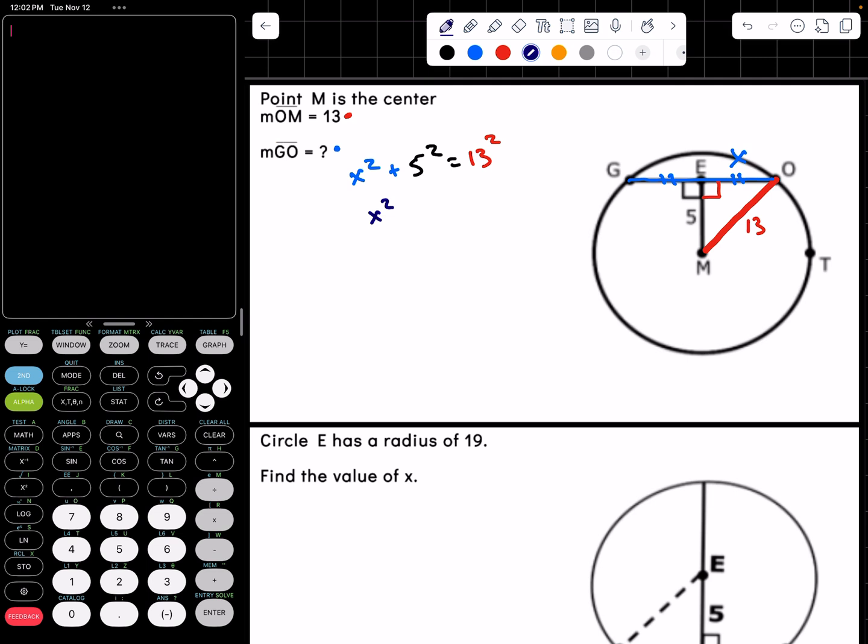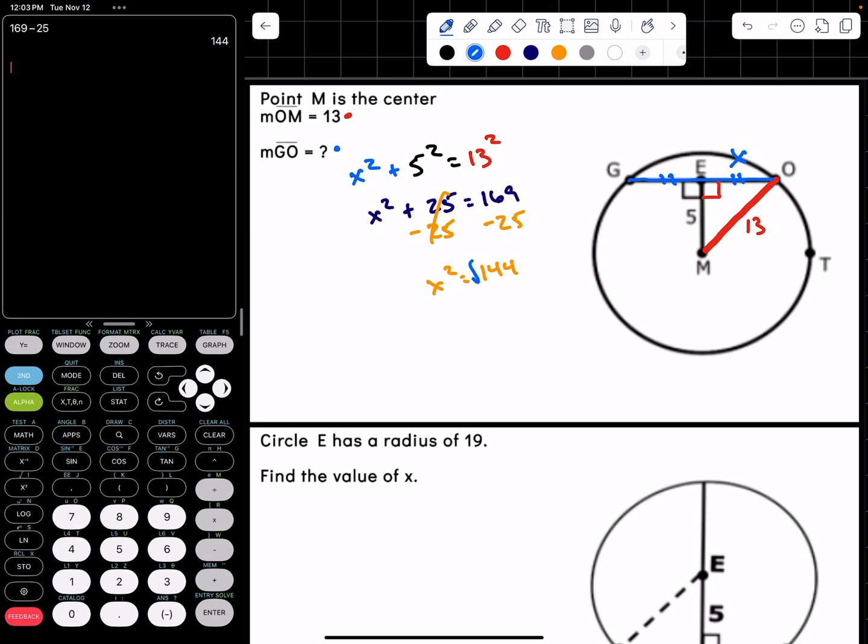X squared plus 25 equals 169. I can subtract 25 from both sides. X squared equals 169 minus 25. It's going to be 144.